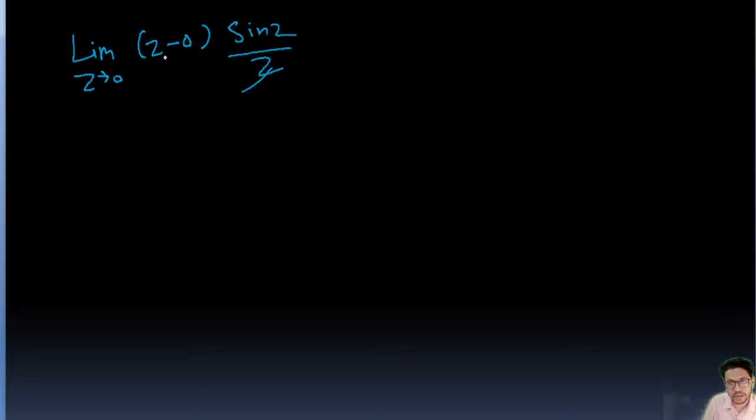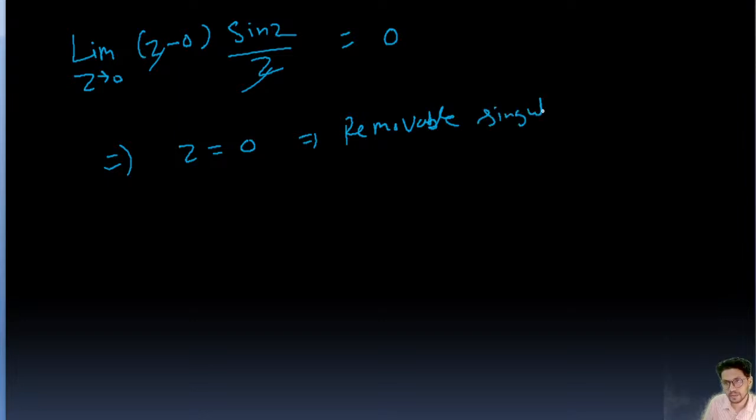The limit as z tends to 0 of (z minus 0) into sin z upon z. Z will get cancelled, and sin z as z tends to 0 is going to be 0. So this implies z equal to 0 is a removable singularity.